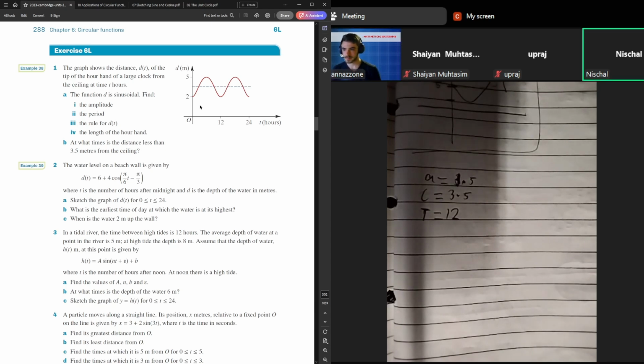I see it's a trough at the bottom. Yep, we're at the y-axis, so I think that's a sine graph. Could be either. It does say the function d is sinusoidal, so I assume it means sine graph. That's fair enough.